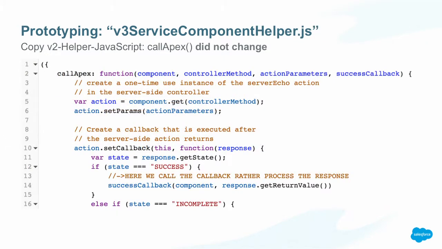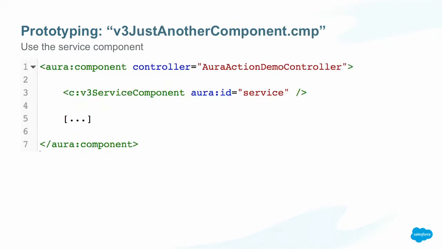callApex has changed, otherwise it's the same code as before in my helper. This is now my service component. And now I have to use it. How can I use a component? Just define it in the markup. That's what I do here. I use an aura:id so that I can reference it, and at one point in my code I want to use this service component.